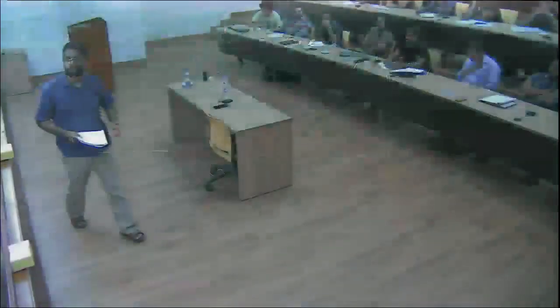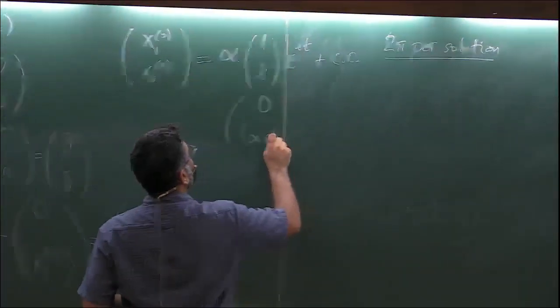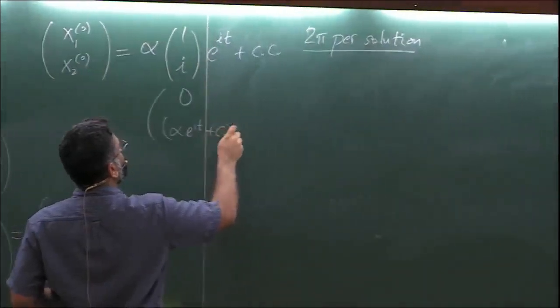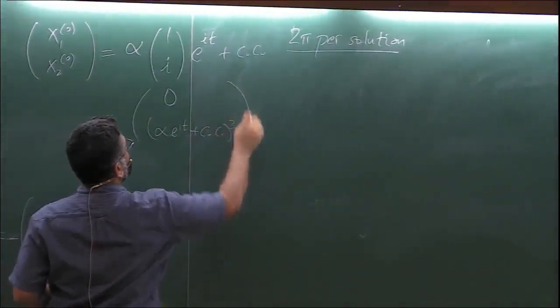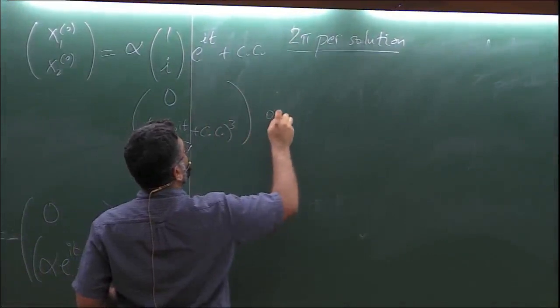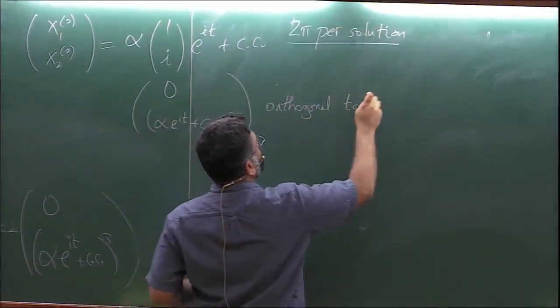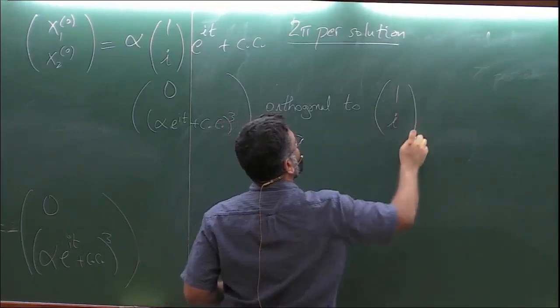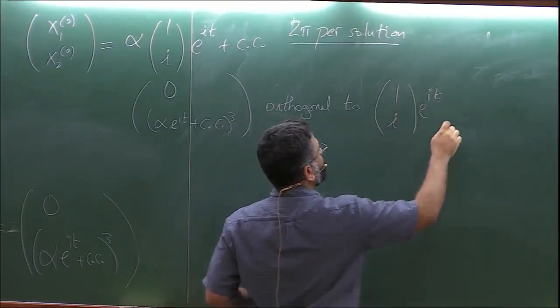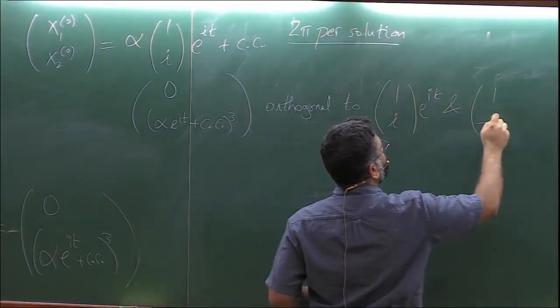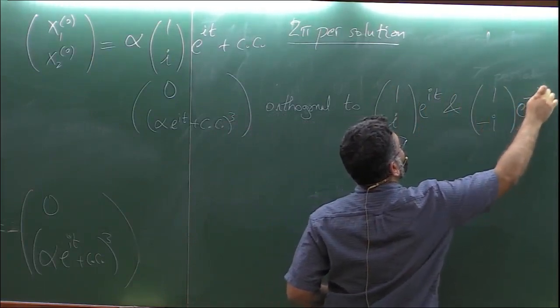Okay? All right, so now we need 0 alpha plus alpha e to the it plus cc cubed to be orthogonal to 1 i e to the it and 1 minus i e to the minus it.